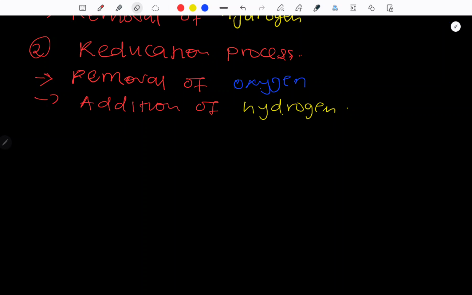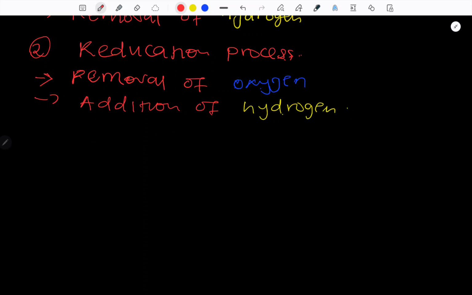Okay, so for the oxidation process, or oxidation of alcohols, to take place, there must be oxidizing agents. They help the oxidation process to take place. We have two types of oxidizing agents.